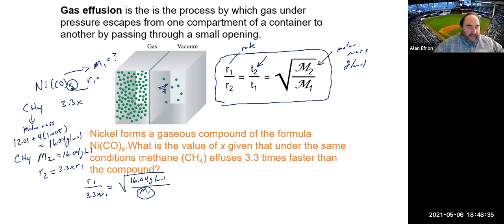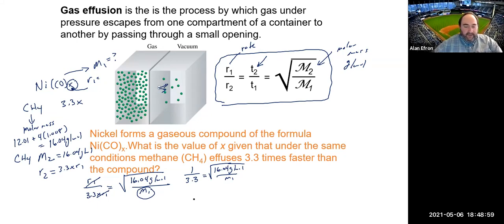So R1 and R1 cancel. That gives us 1 over 3.3 is equal to the square root of 16.04 over M1. To get rid of the square root, we need to square both sides. So I'm going to take 1 divided by 3.3 and then square it.